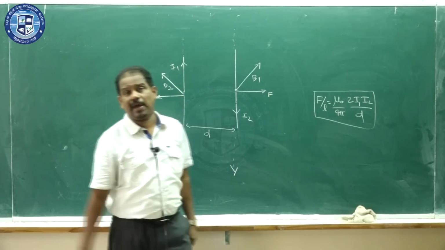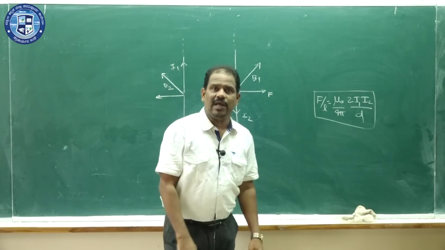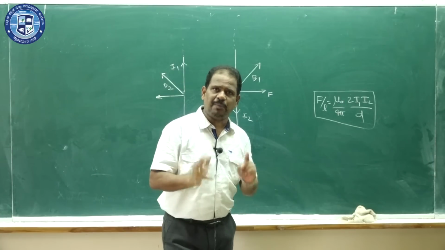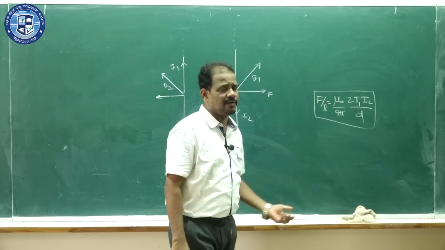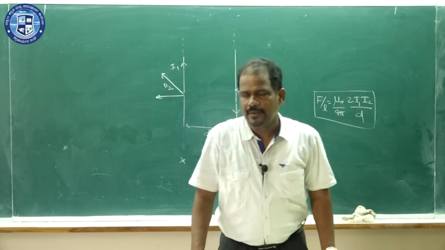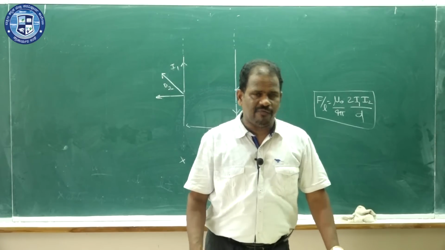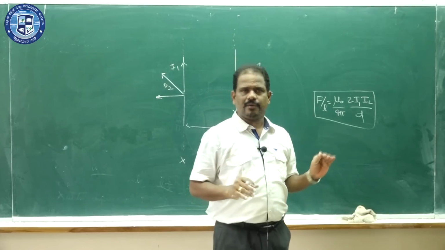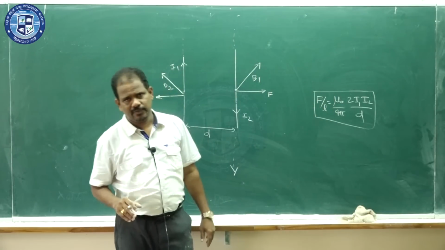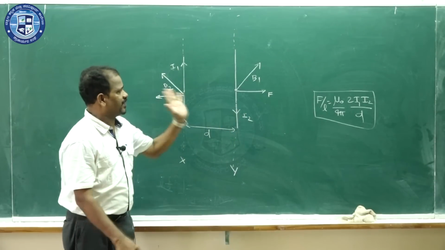So if the currents are parallel, meaning same direction, there is attractive force. Anti-parallel means opposite, and it is repulsive force. And this is the expression for the force. Is it right? Therefore, in both cases the derivation part is the same. Only the direction part is different, and that I explained with the figure.